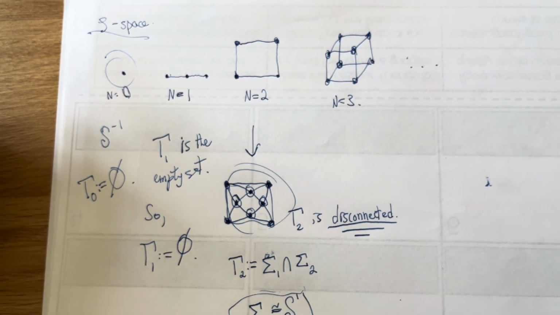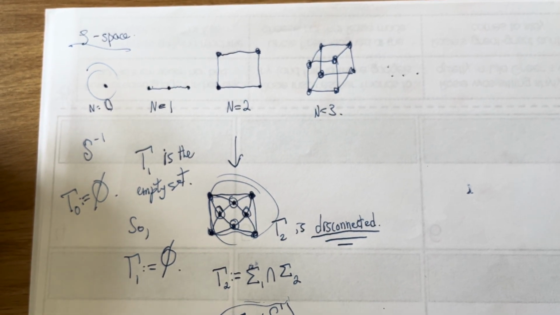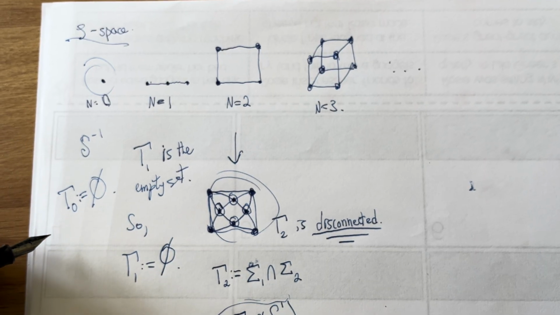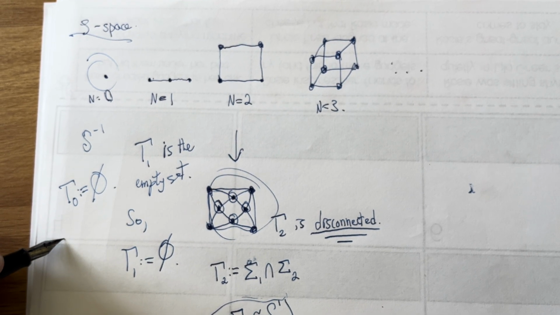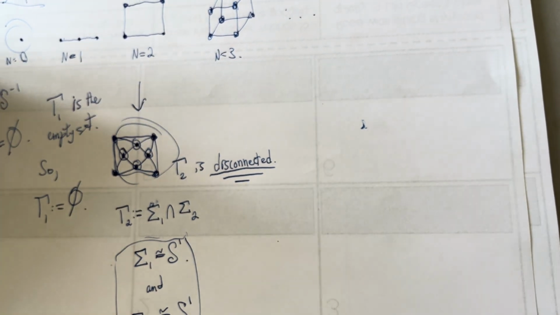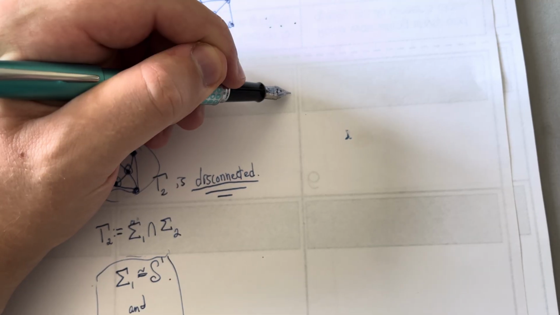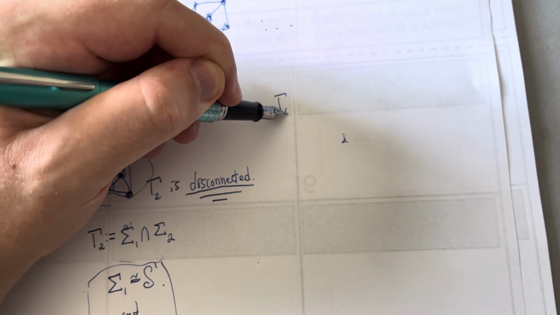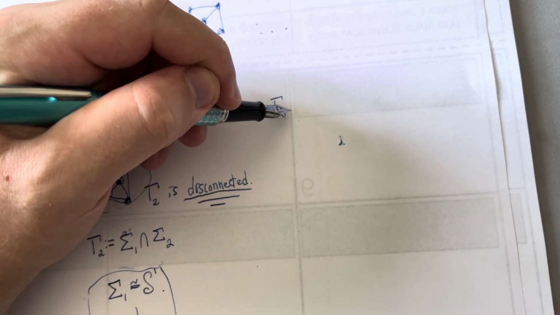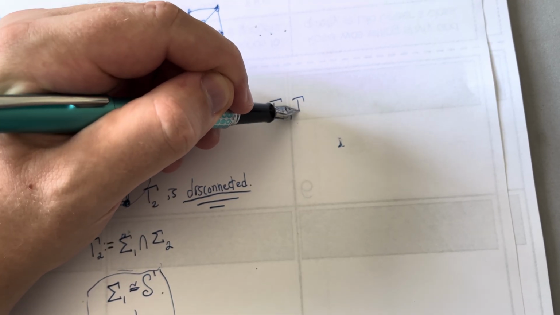as well. So right now, and by the way, let's write, so right here, gamma 0, gamma 1 are connected by definition.